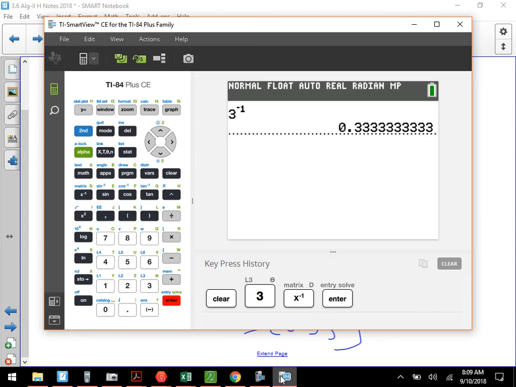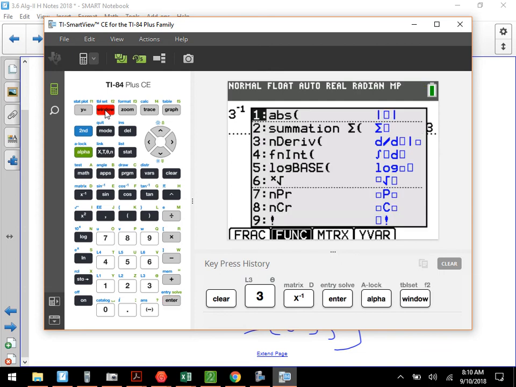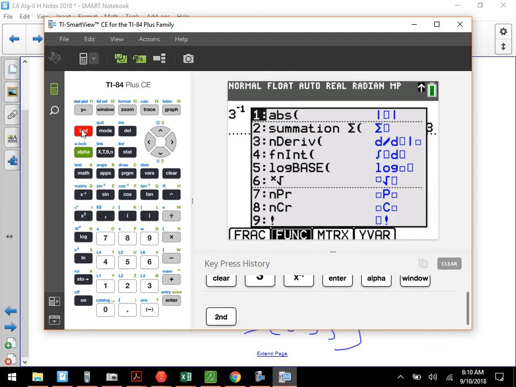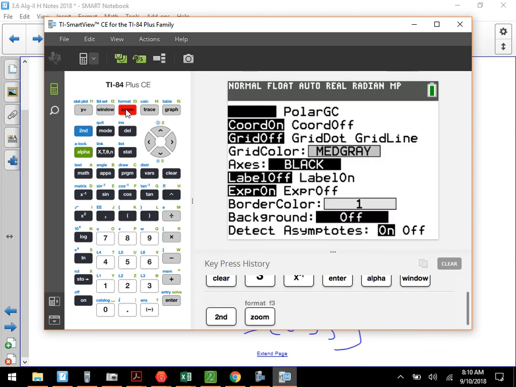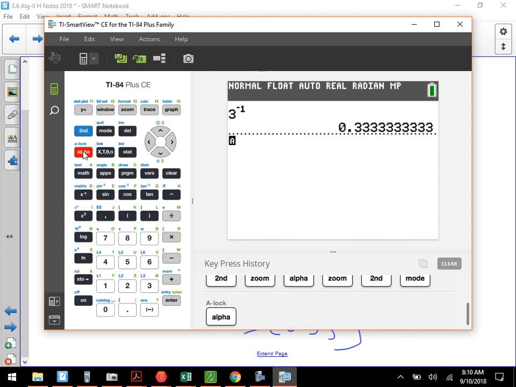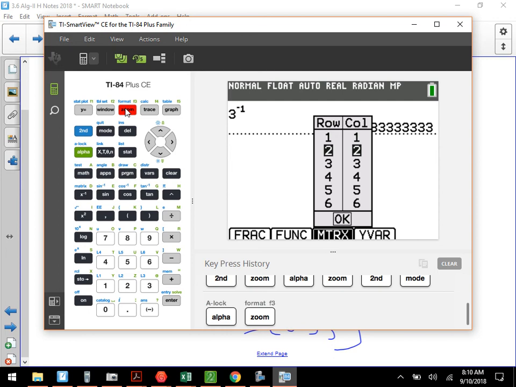So what I want to do is I'm going to go to my screen here, and I believe it's under Alpha Window. Excuse me, Alpha Zoom.